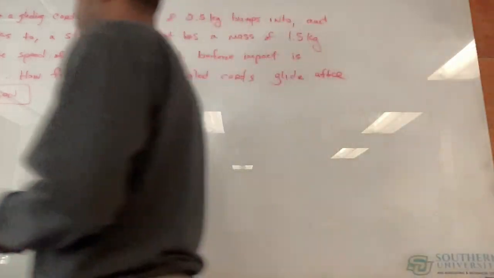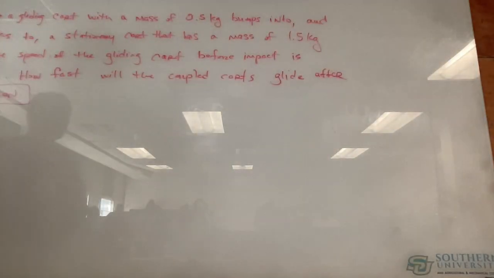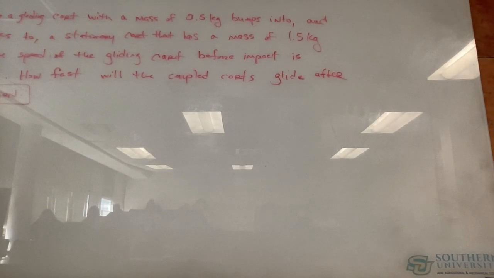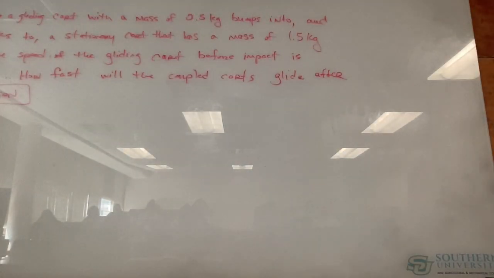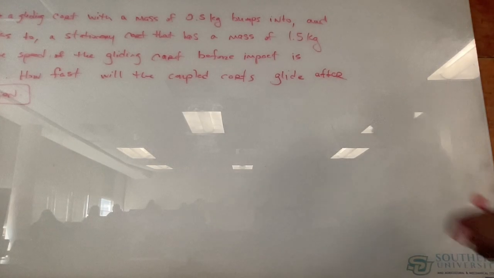So what's the problem, right? Remember, we got to go through our problem-solving approach. What is the problem? What are we solving for? Oh, not impulse. Read the question. Speed when? After the collision. And of what?